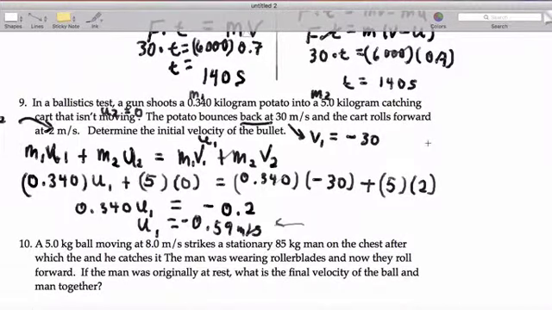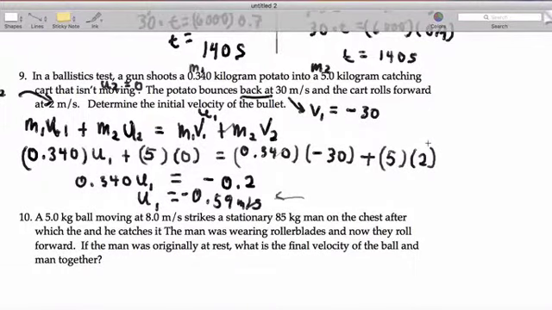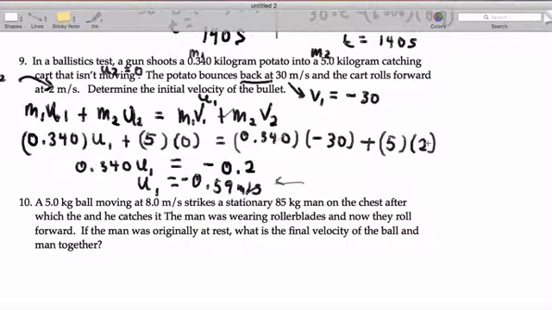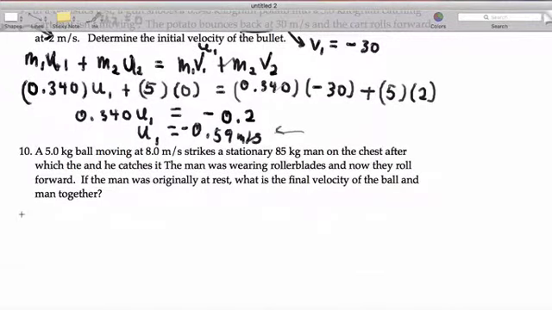Then for the number 10 problem, what we have is a 5.0 kilogram ball. And this one I'm going to draw out. So we have the ball moving this way, hitting this guy in the chest.